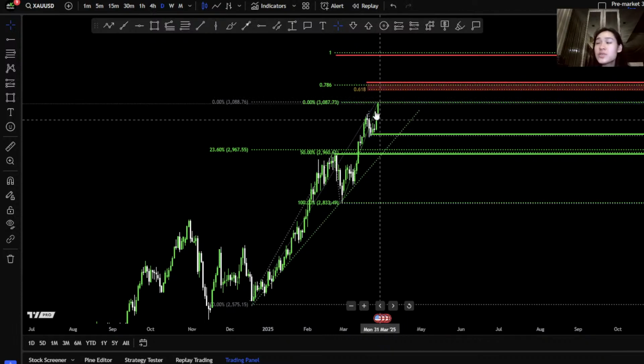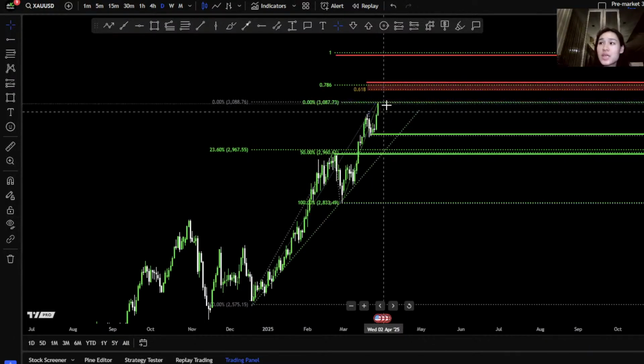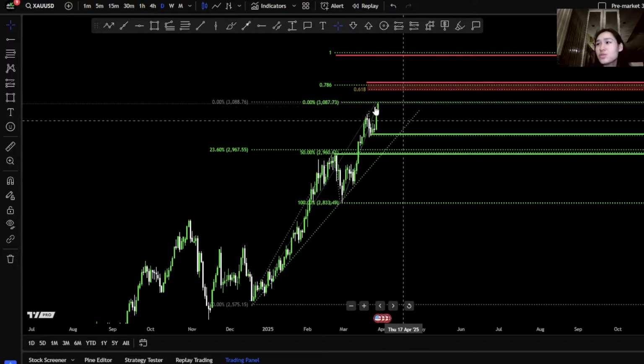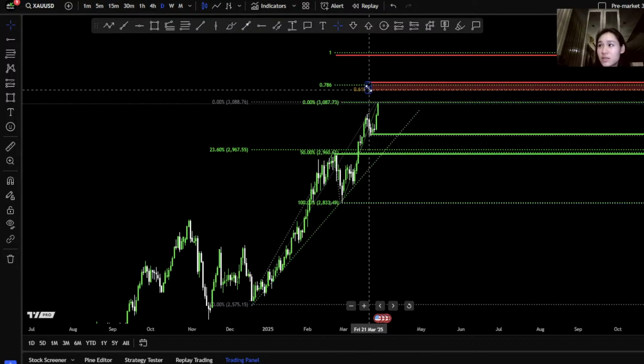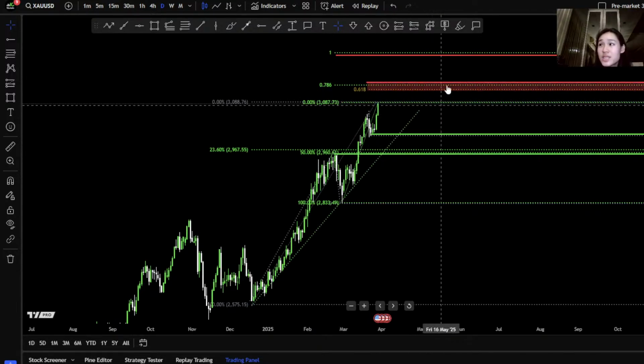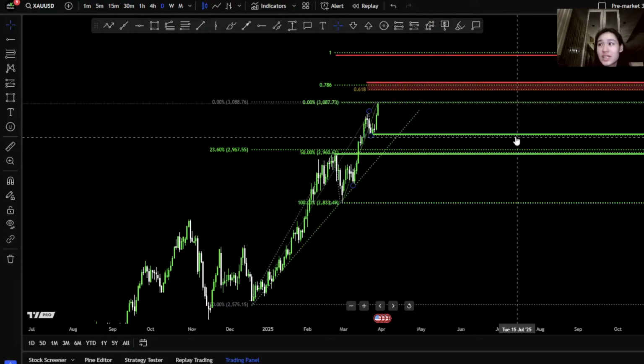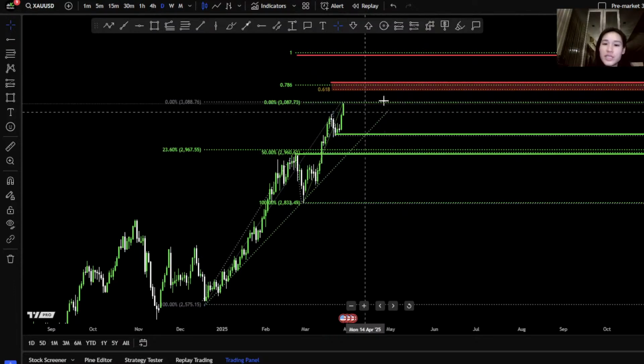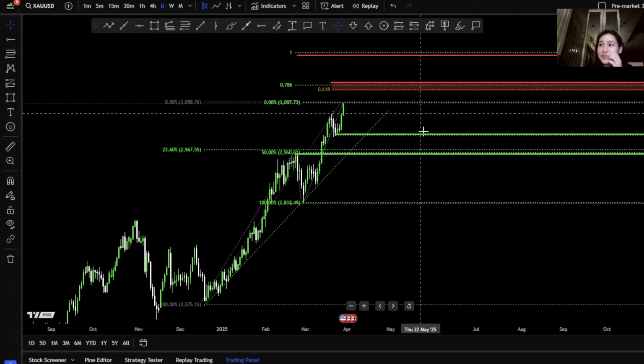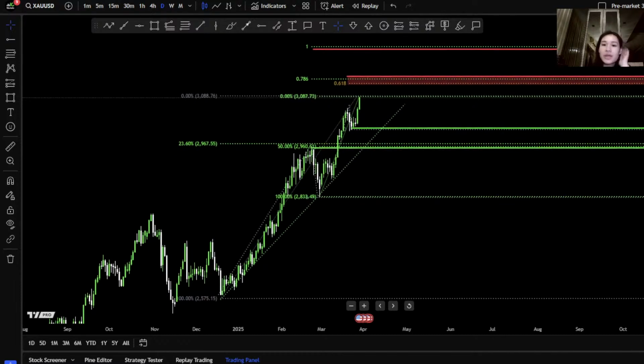So it gives price a bit of space to move instead of getting stopped out right before price starts to move in our desired direction in case there's any reversals in this area. Okay, so basically the first and second support.